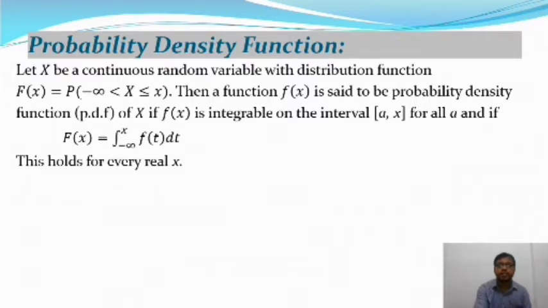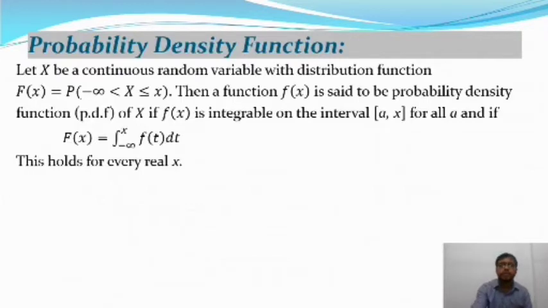But in a continuous case the function is integrable over the whole interval a to x, and the distribution function F(x) is equal to the integral from minus infinity to x of f(t) dt, and this function is continuous in that interval. It holds for every value of x.